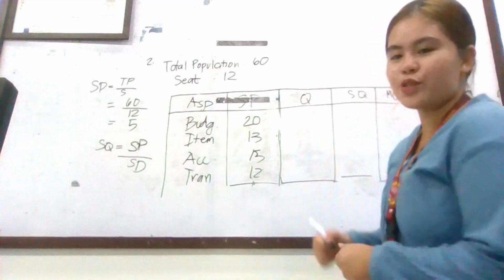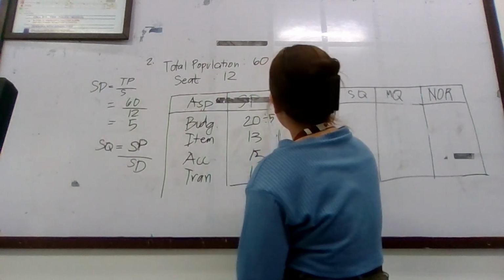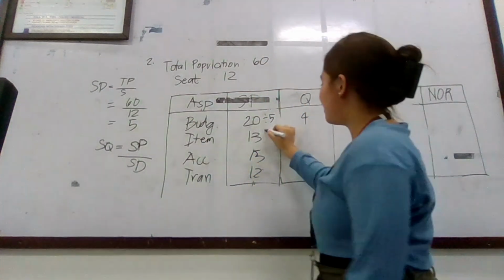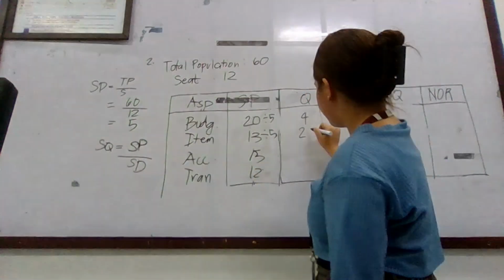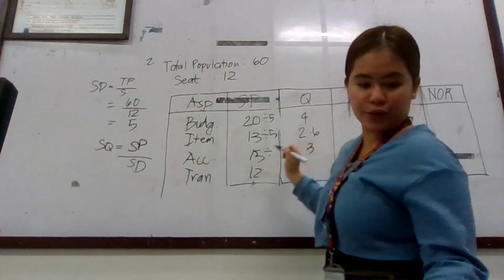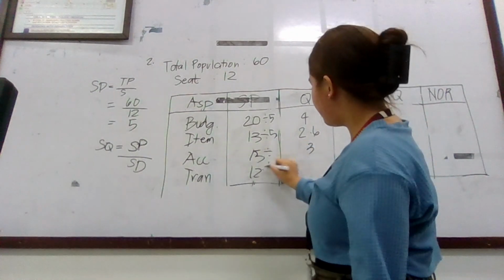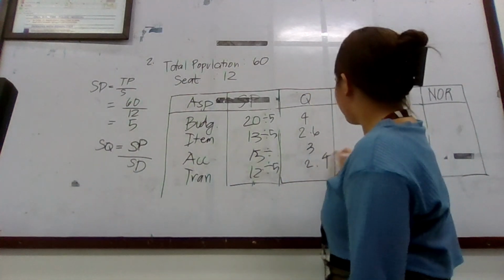So 20 divided by 5 will give us 4. 13 divided by 5 will give us 2.6. 15 divided by 5 will give us 3. And 12 divided by 5 will give us 2.4.